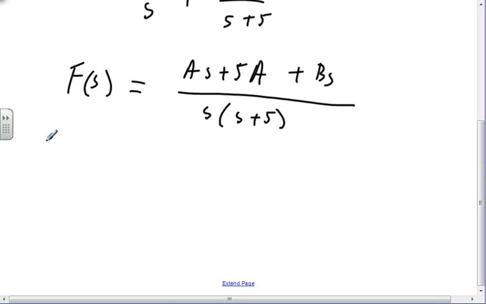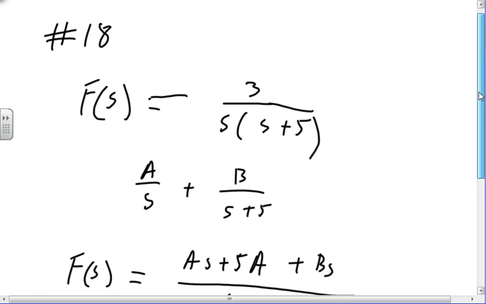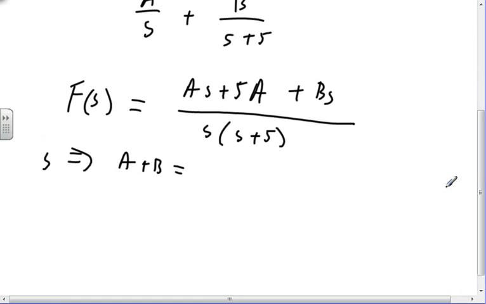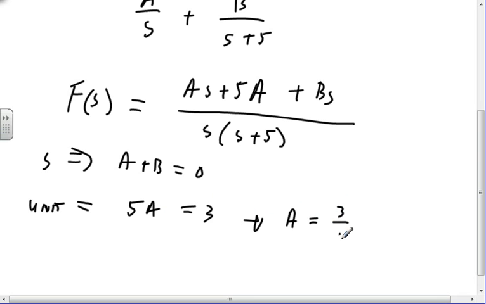And then I'm going to say my s term is a plus b, which has to be 0, and my unit term is 5a, which has to be 3, which implies a is equal to 3/5 and b is equal to minus 3/5.